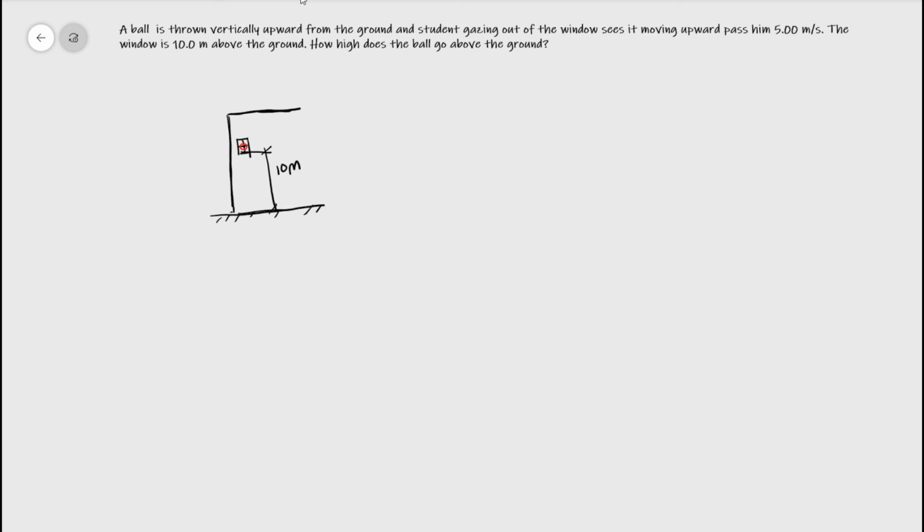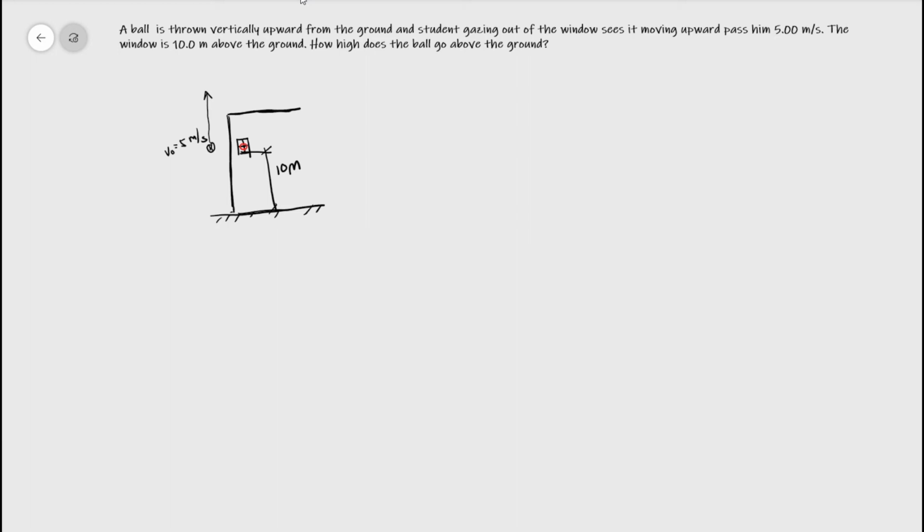Now the boy is gazing out of the window, and he saw a ball again. There's a ball here traveling upward with a velocity at this point. The velocity is equal to 5 meters per second.